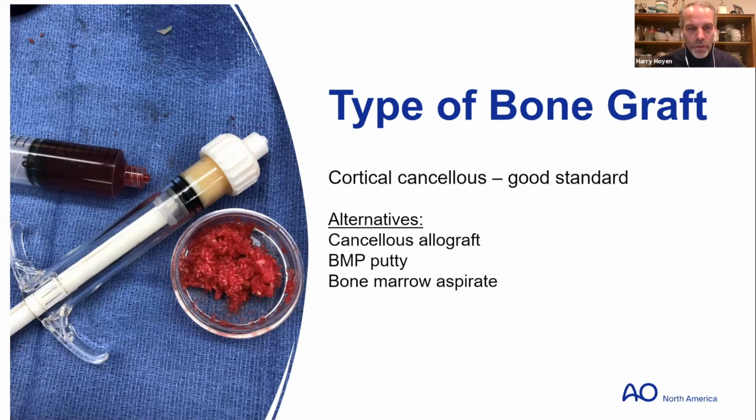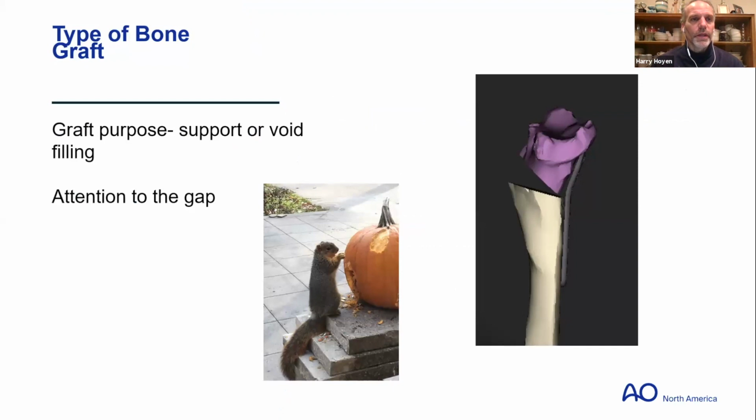One of the things I really like is bone marrow aspirate. In instances where I'm going to use a cancellous allograft or something else, bone marrow aspiration at the beginning of the case, and then either with the centrifuge or something else, providing the appropriate autogenous bone factors, I think is very important, and I think that'll be a great topic for discussion as we get going.